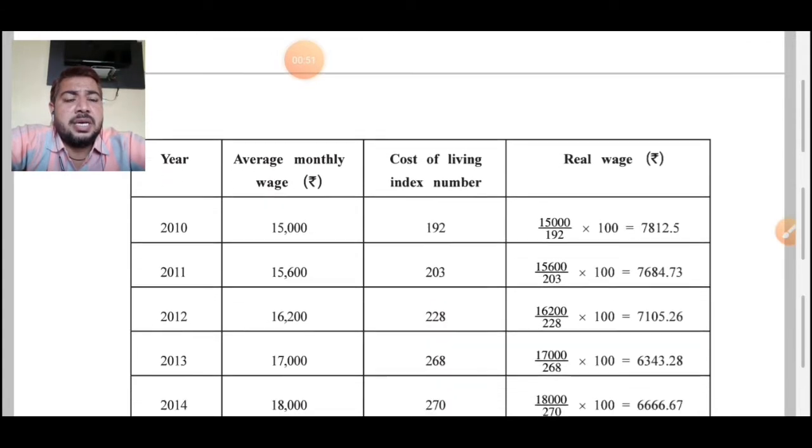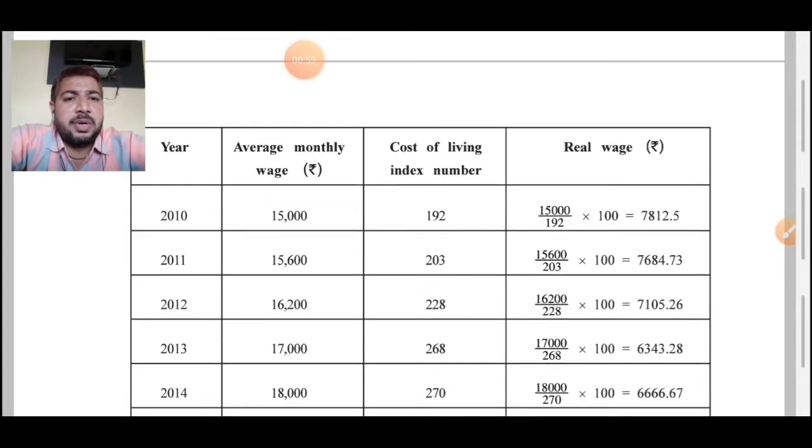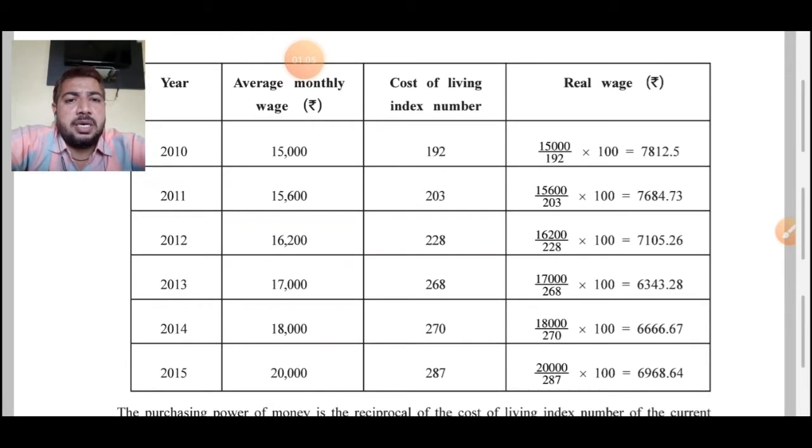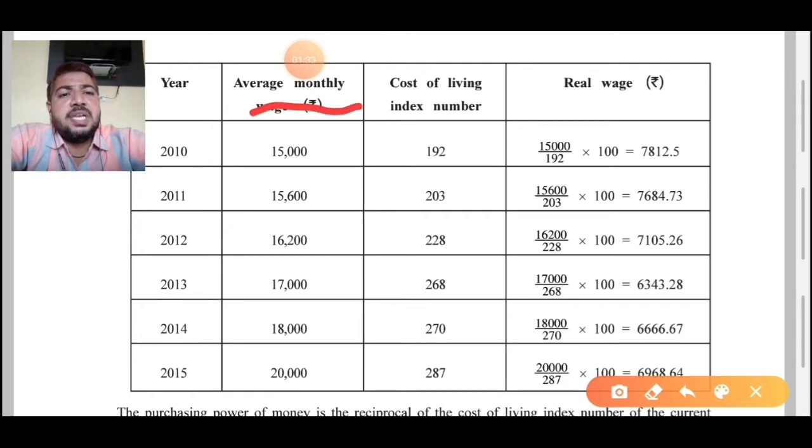You can see here we will prepare this kind of table: year, average monthly wage, cost of living index number, and we have written different years here. Formula of real wage: average monthly wage divided by cost of living index number.